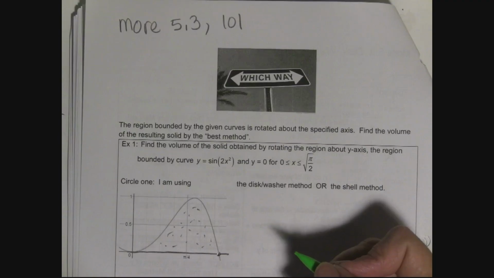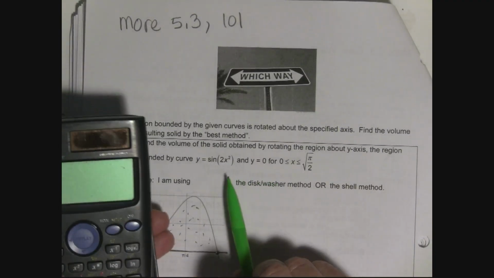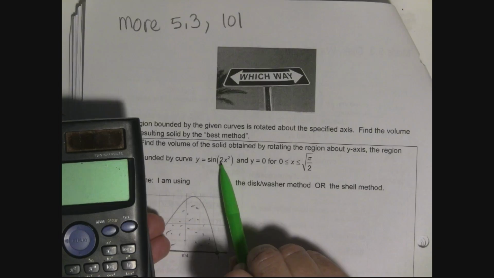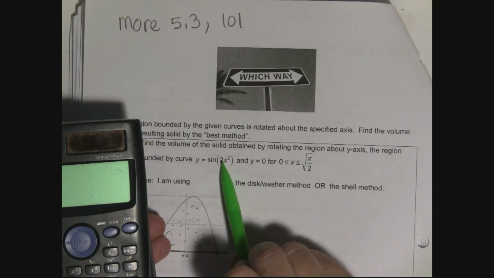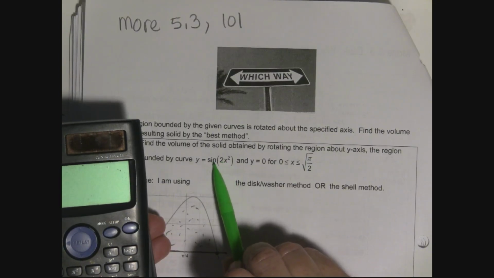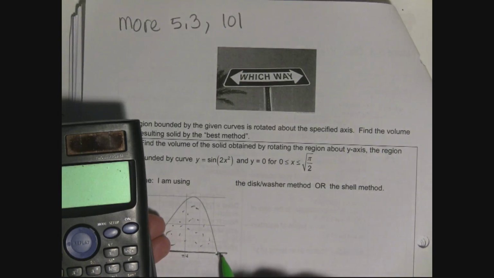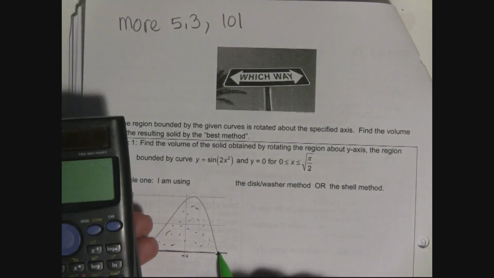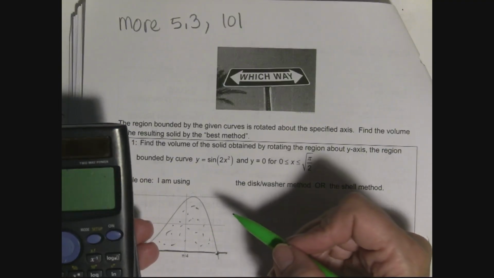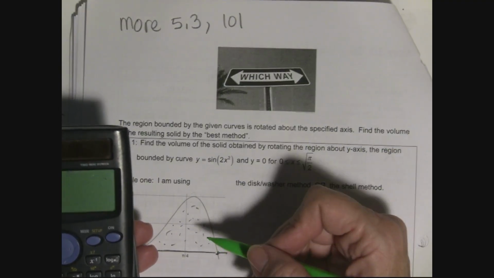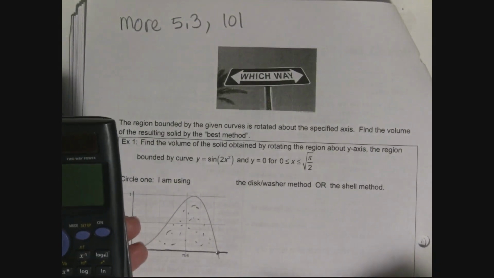Let me make sure that when I put in the square root of pi over 2, and I times it by 2, and then I take the sine of it, I get 0. I'm suspecting highly that that's what they're giving me right there, is that point there, but I just want to make sure. I don't want it to be over here, you know what I mean, and me not draw the line and have it there. So I'm going to check.